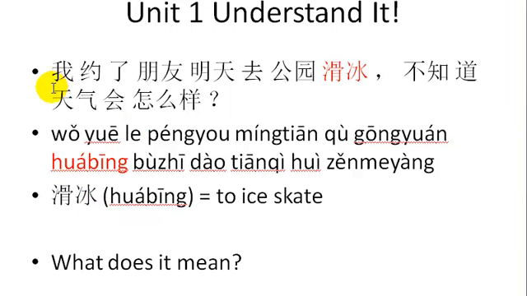So what do you think it means? 我约了朋友明天去公园滑冰，不知道天气会怎么样. Okay, you can pause and try to sort it out or write it down. That's very helpful for your brain if you can write down what you think this means.